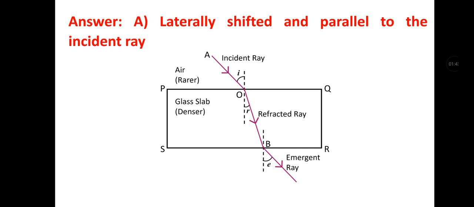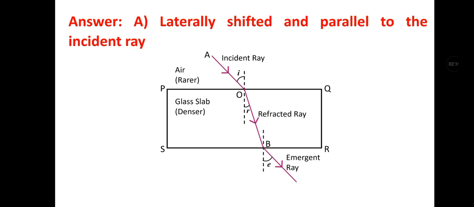If you look at the incident ray, it is going from the rarer medium, air, to the denser medium, glass slab. So the refracted ray bends towards the perpendicular line, and after reaching the other side of the glass slab, the light ray travels from the denser medium, glass, to the rarer medium, air.